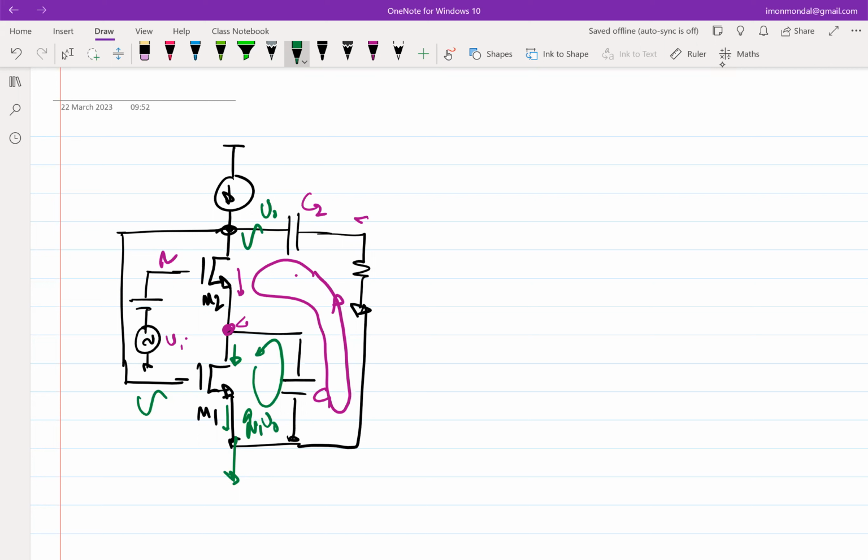Which means it has to come through this way, and circulate through this way. So the current induced because of the excursion of voltage at V naught will remain within that local loop of M1 and the capacitor. And this voltage will still remain gm times Vi times R, with a minus sign because of the way the current direction has been shown.